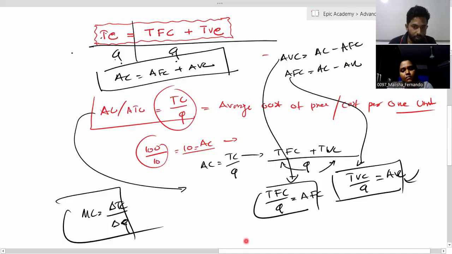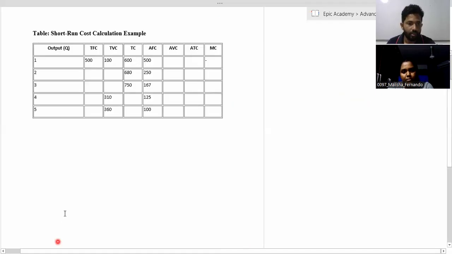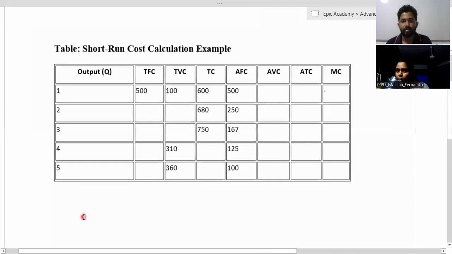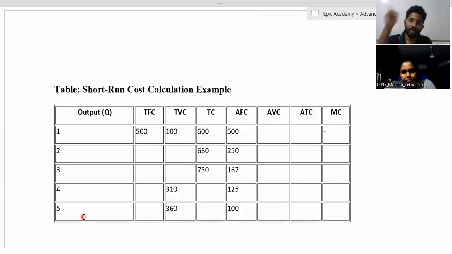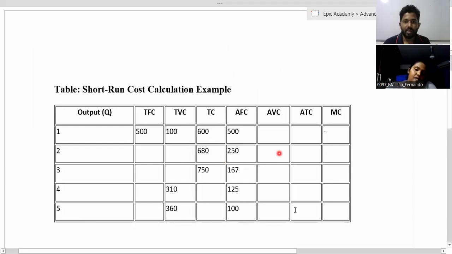I will show some equations, some tables. In the paper, you will be given tables and you have to fill each and every section. By using that knowledge you must be able to fill them, because some information is missing.